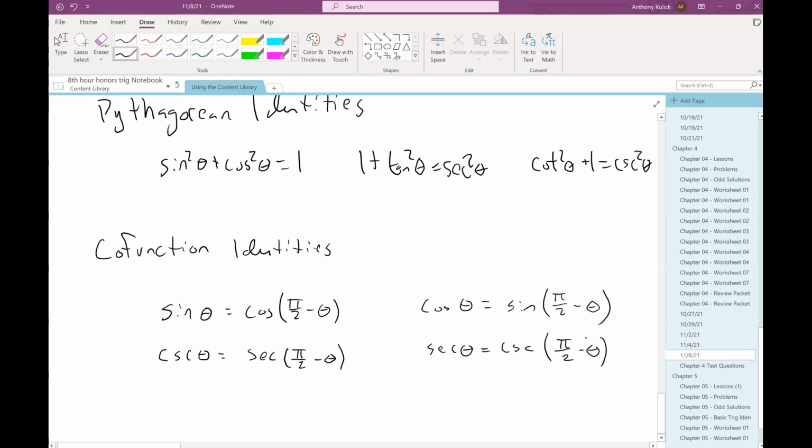Remember that pi over 2 is 90 degrees in radians, right? So pi over 2 minus theta is just the complement of theta. Everybody's okay with that? And similarly, you might have guessed that tangent and cotangent have the same complementary identity.